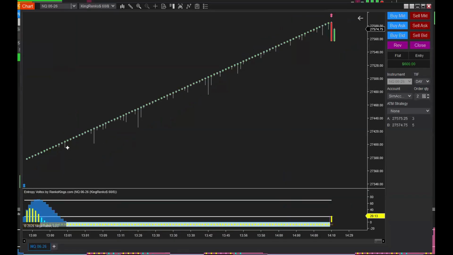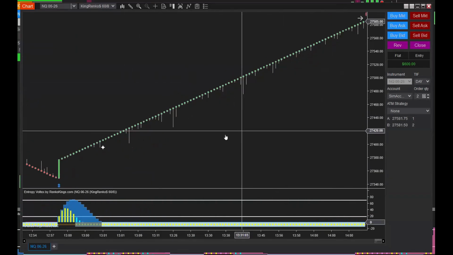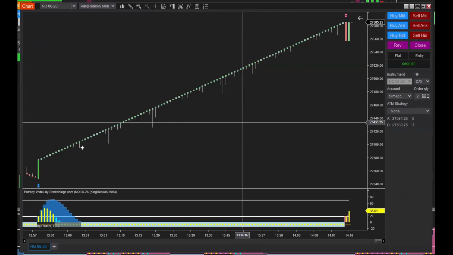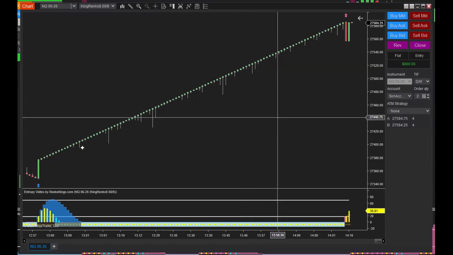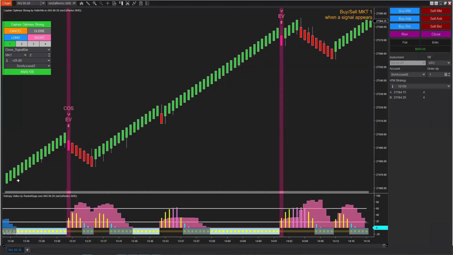You see how the smaller one, the Ninja, went short a few times. This one just stayed long. This one just stayed long. And that's the benefit of the bigger brick size. Okay, let's once again go back, see if we can catch a live trade.